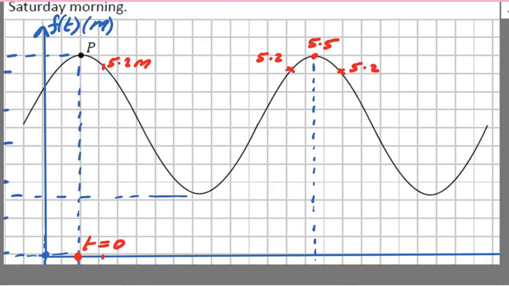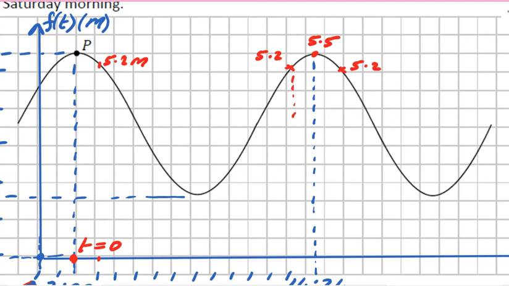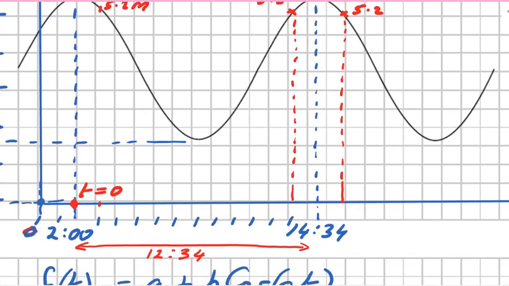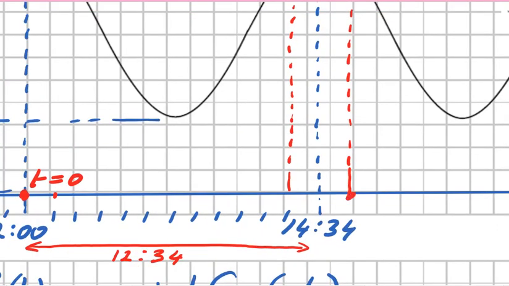So these are the times we're after. If we bring these down to the time axis, the horizontal axis, we get those two times at either side of 14:34. That's what we're after, those two times there. And of course, that's 1 hour 8 minutes each side.